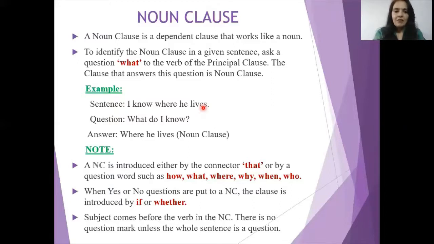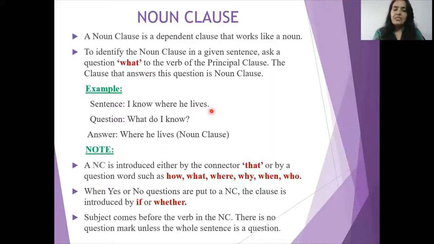If we divide it into two parts, you can see the part I know: I is the subject and know is the verb. And the other part, where he lives: he is the subject, lives is the verb. So this sentence can be divided into two clauses, I know and where he lives.